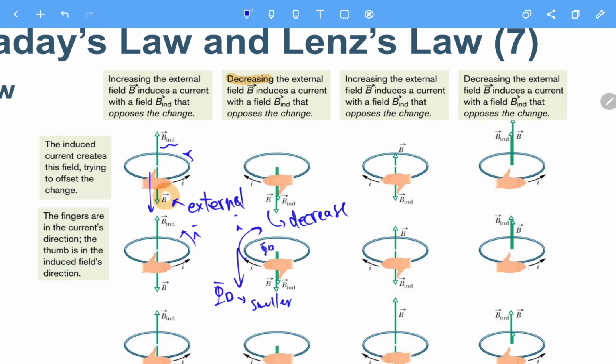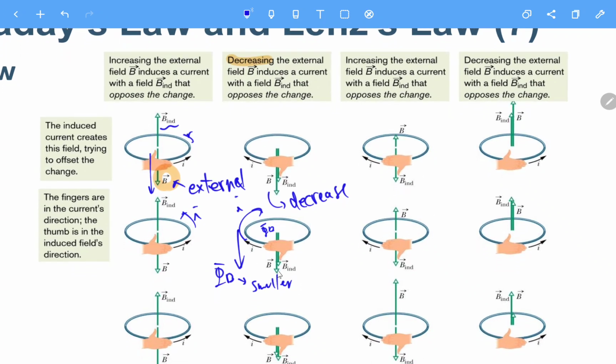So the current is related to, but not determined by, the external B field direction. It's also related to how the B field changes. The third case is that the B field starts to decrease up to 0, and then further decreases, so it starts pointing upward.